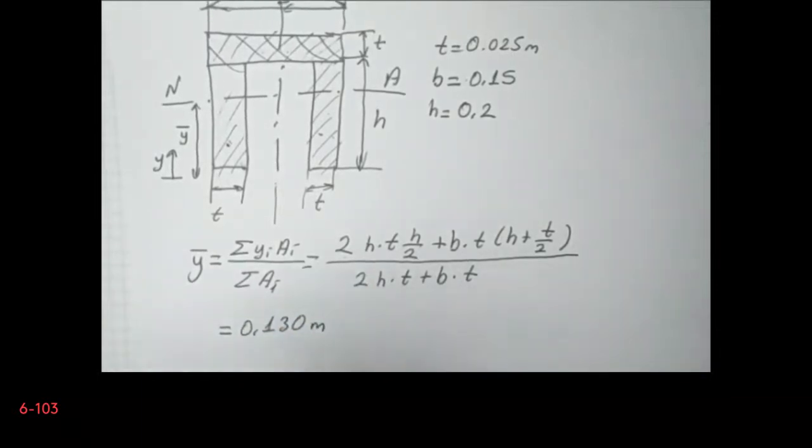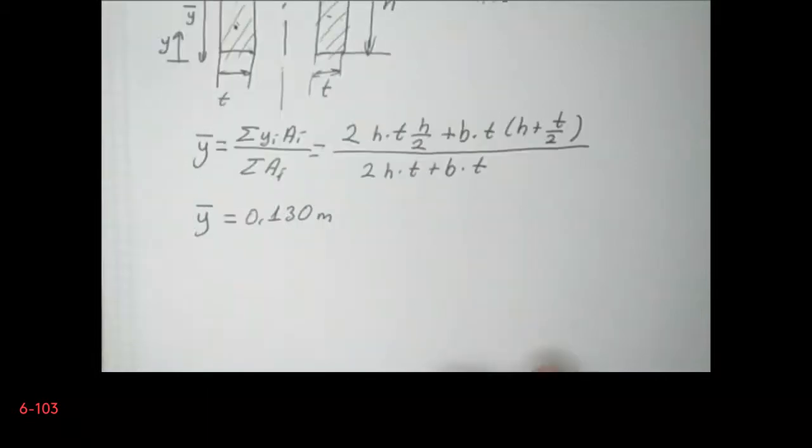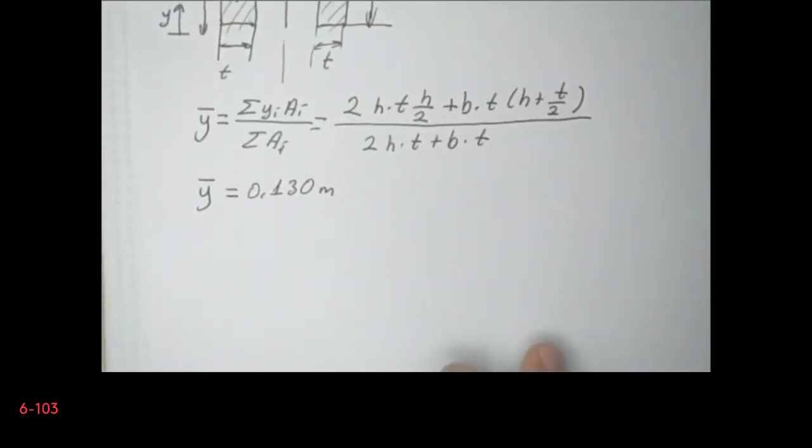So now what we are going to do is to calculate the moment of inertia, the bending moment of inertia. So again, we will write the bending moment of inertia for this cross section.